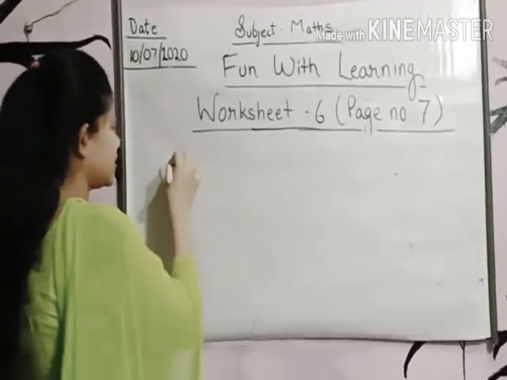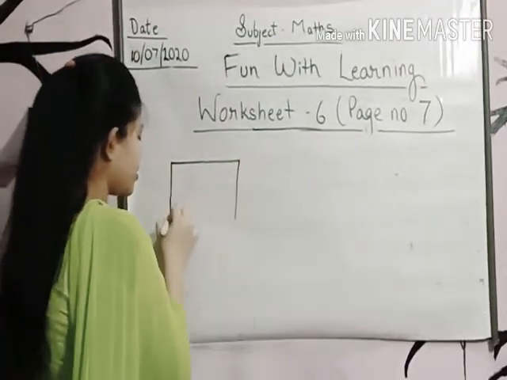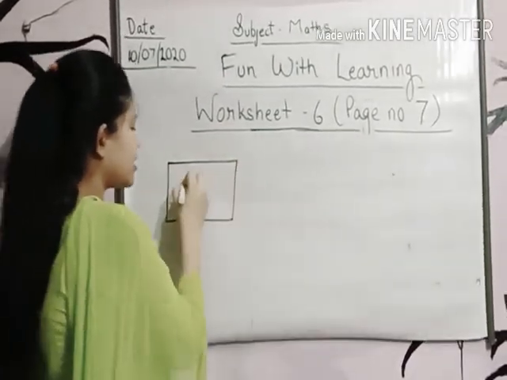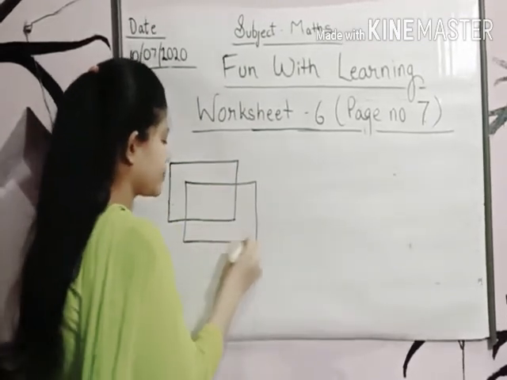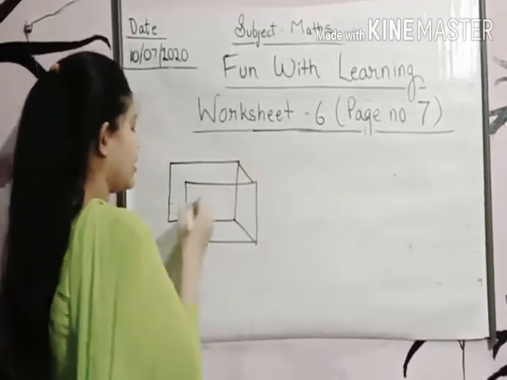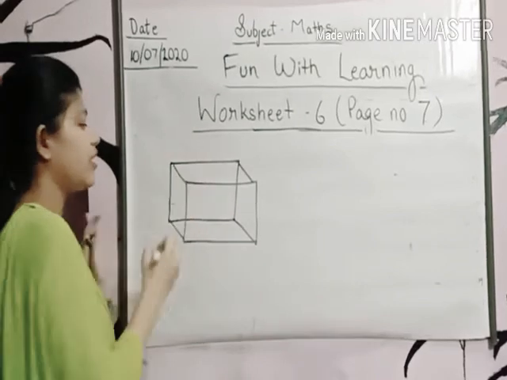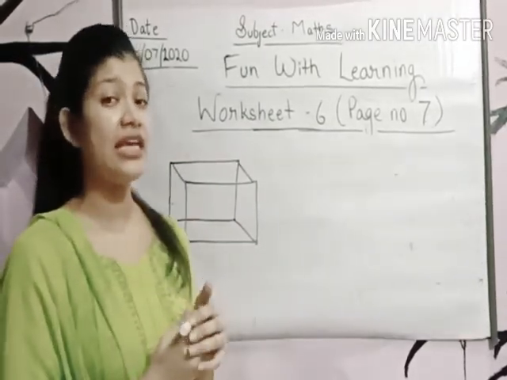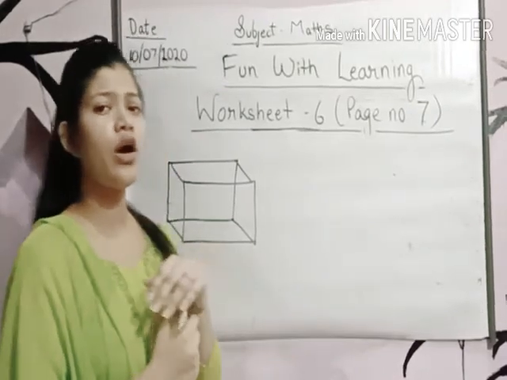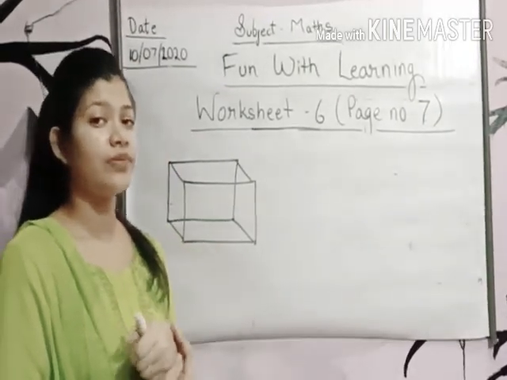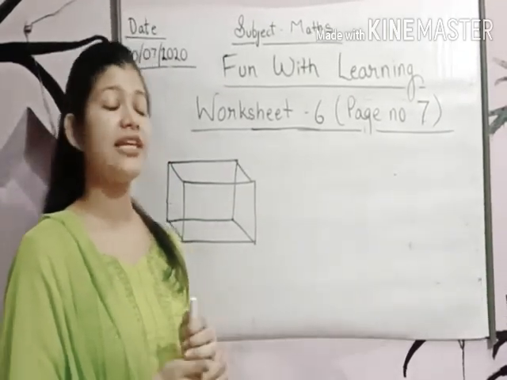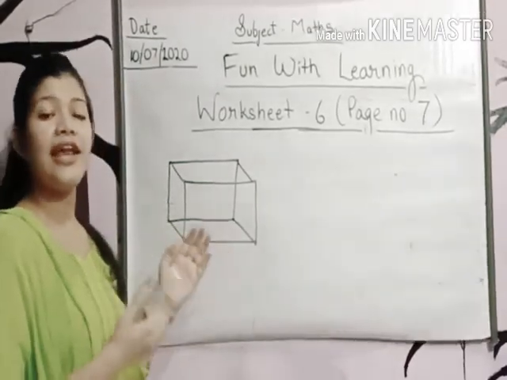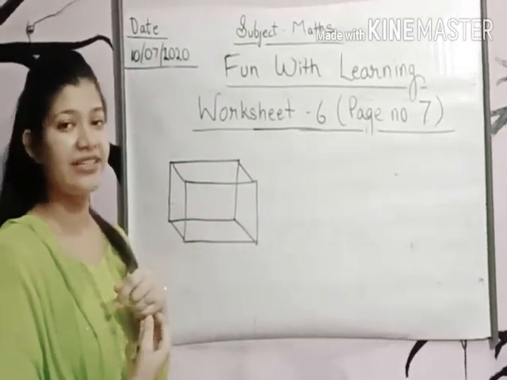Now can you tell me what is the shape of a dice? It has a cube shape. Yes. And can you tell me that dice is a solid shape or a plane shape? It is a solid shape. Yes, it has 3 dimensions: length, breadth and height. Yes.